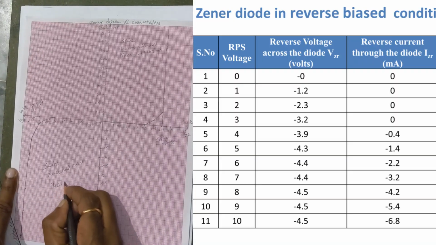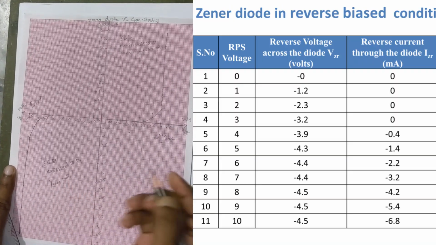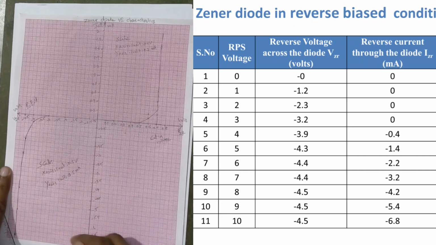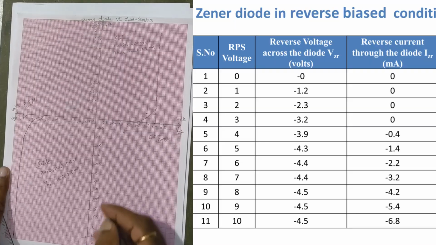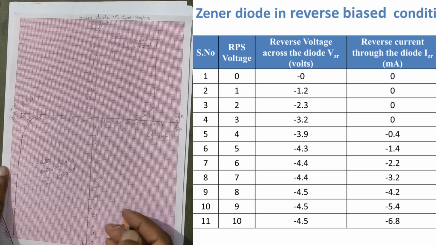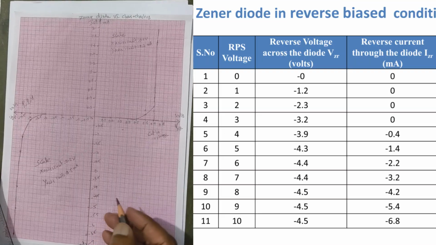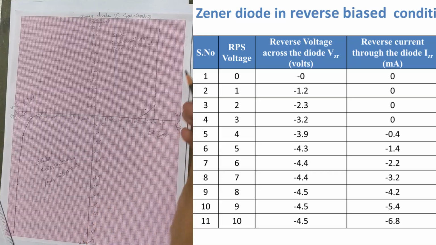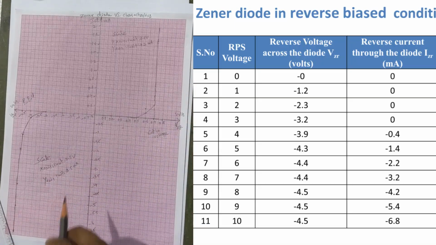On the Y-axis 1 unit is 0.5 milliamperes. In the Zener diode reverse bias characteristics as well as forward bias characteristics, the current is in milliamperes only. This is the graph of the Zener diode in forward bias condition, and this is in reverse bias condition.